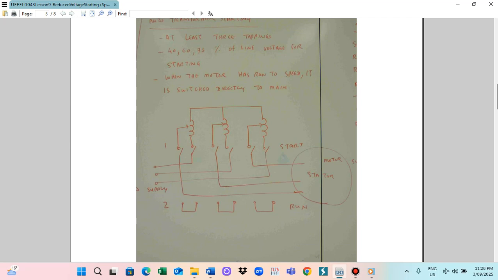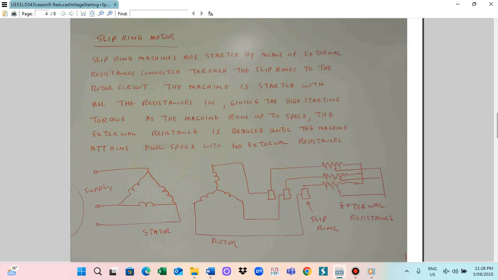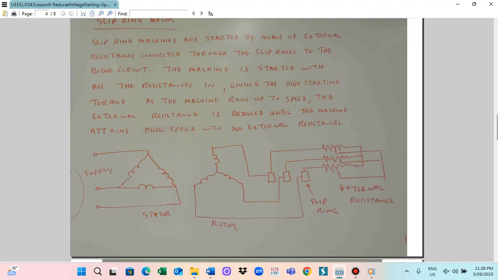The star-delta starter and the auto transformer starter are the reduced voltage starters to provide reduced voltage starting for the squirrel cage motor. And also we utilize starting for the wound rotor motor. The wound rotor motor is also called the slip-ring motor. The slip rings are connected in series with the motor rotor, also called the winding.